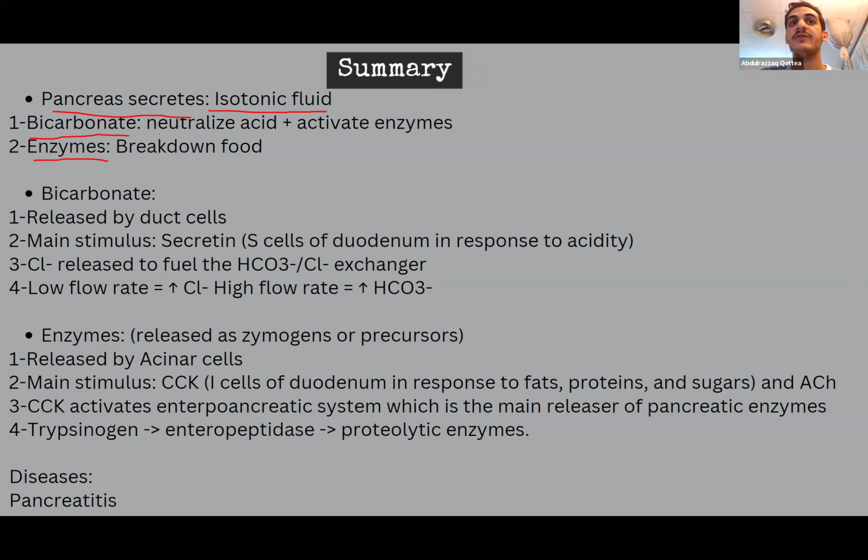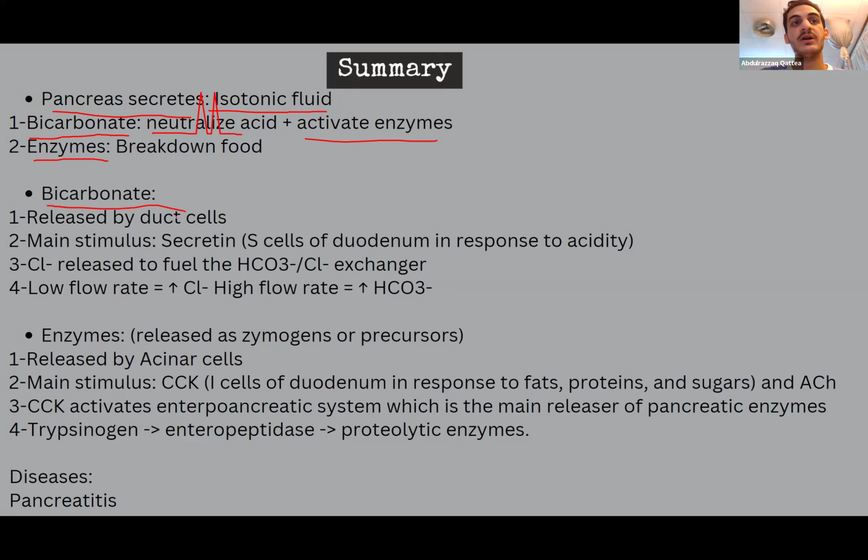Bicarbonate has 2 functions. Because it's a base, it will neutralize the acid, and it will activate the pancreatic enzymes. Why is that? Because remember, the pancreatic enzymes have their peak function in an alkaline environment, which is opposite to the stomach. Just remember, stomach is acid, pancreas is more alkaline.